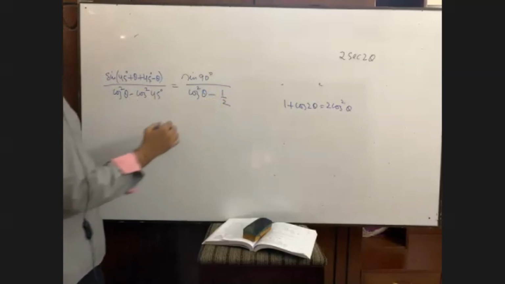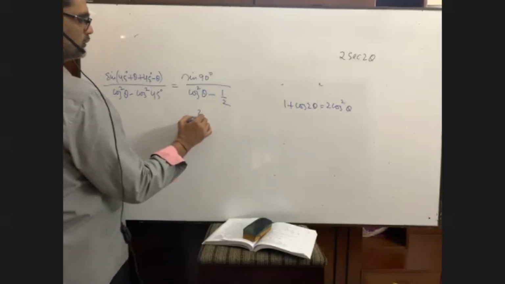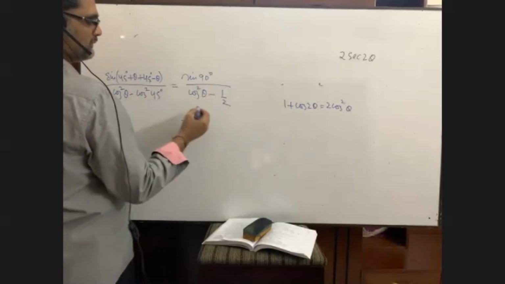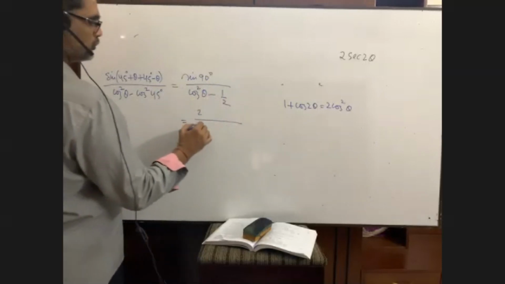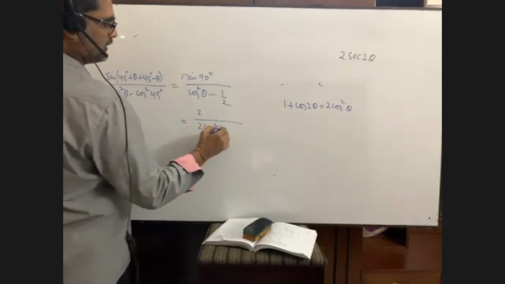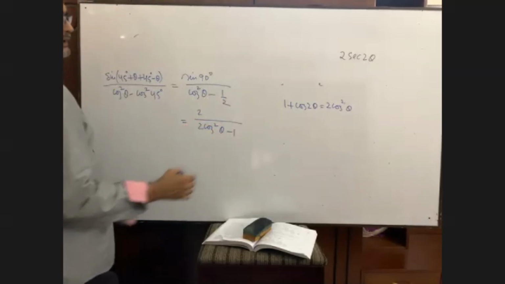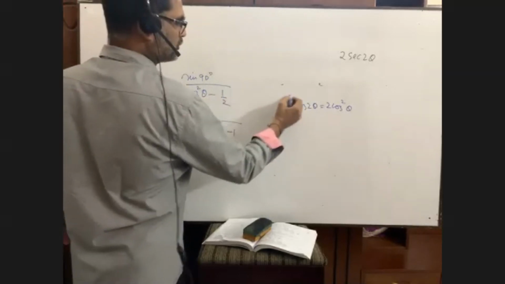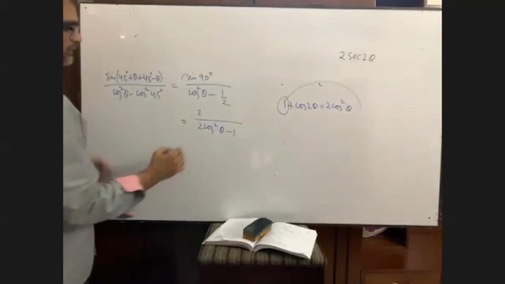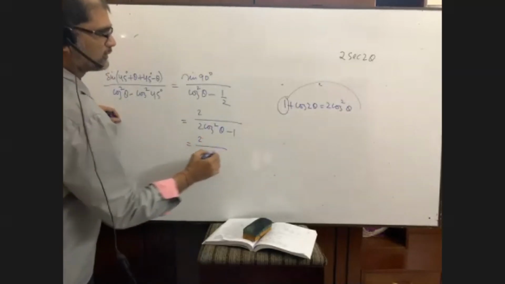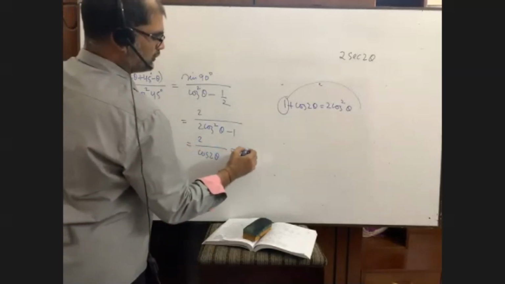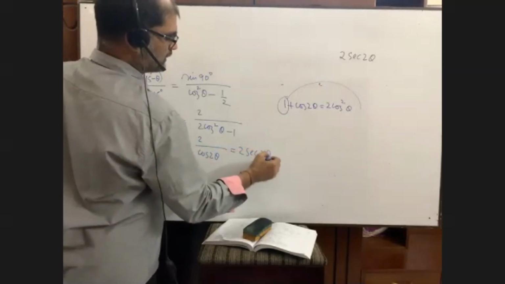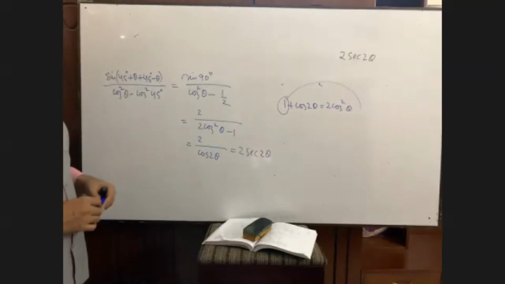Now you multiply both sides by 2. 2 sine 90 means 2 into 1 by 2 cos square theta minus 1. Now if 1 is taken to the right hand side, we get 2 cos square theta, which is cos 2 theta. Cos 2 theta means 2 sec 2 theta. Please try to understand.